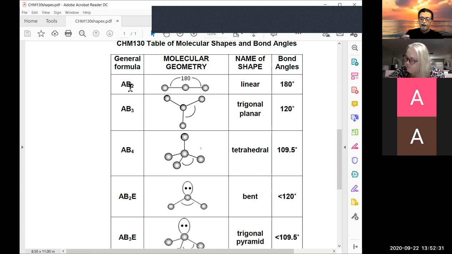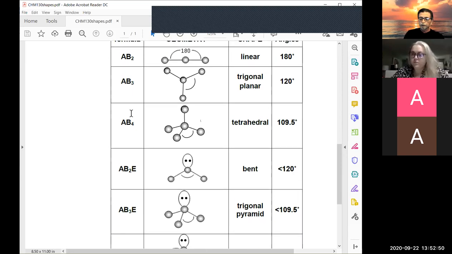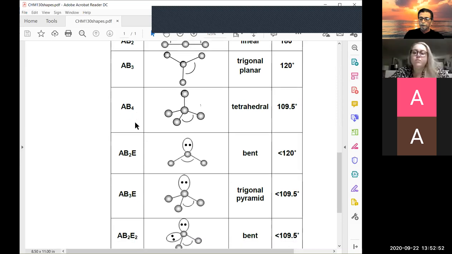B can be the same element or they could be different. Doesn't make a difference, okay? B, I repeat that, B can be the same or different atom or element. Sometimes there's 2 of them, sometimes there's 3. If I scroll down, sometimes there's 4.